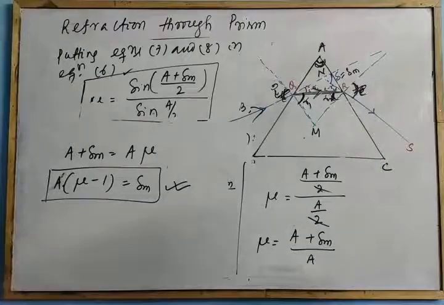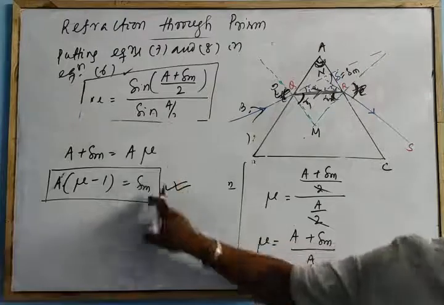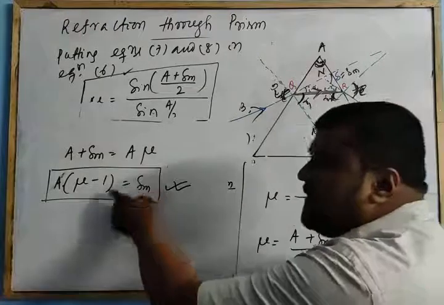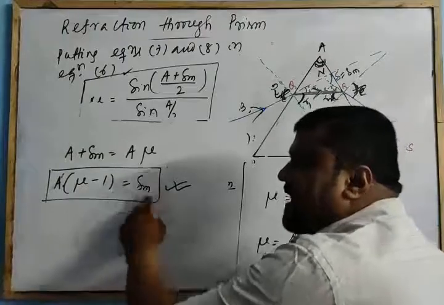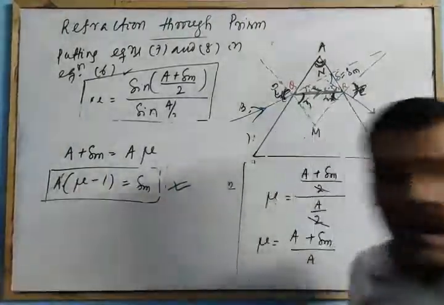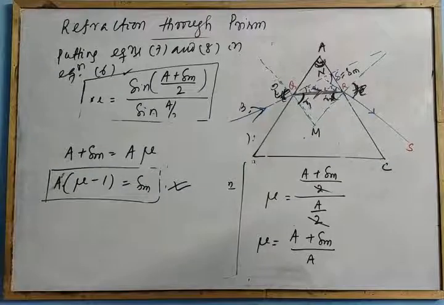And when you see this relation, the angle of deviation produced by a thin prism does not depend on what? The angle of incidence. It does not involve any angle of incidence. So the angle of deviation by a small prism does not depend on angle of incidence, right?